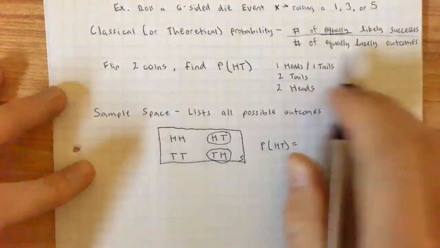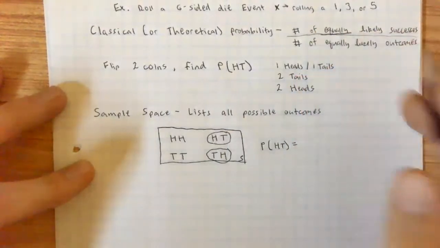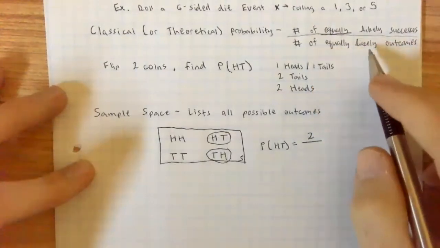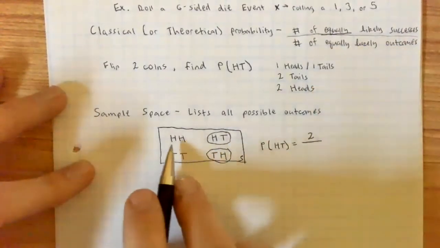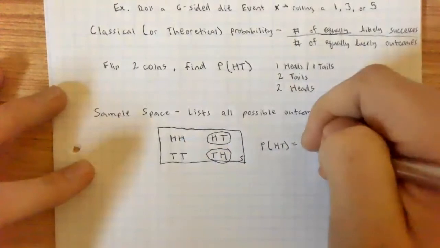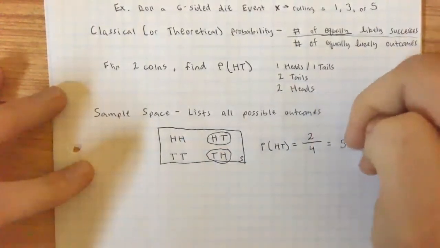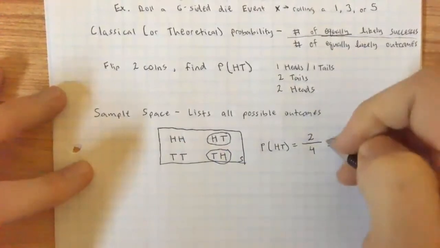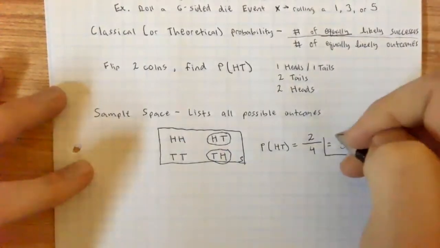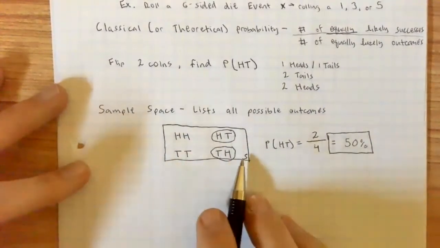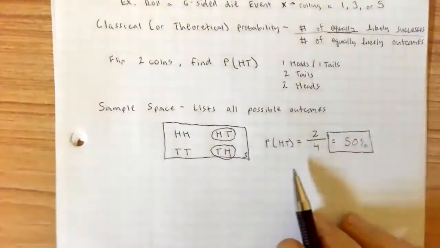So it happens two times out of the total number of equally likely outcomes, which is 4. So you actually have a 50% chance, not a 33% chance. Very important concept. This is an immensely powerful tool for finding probabilities.